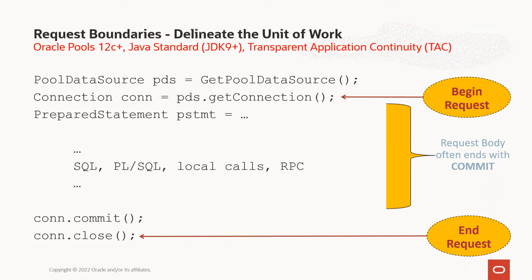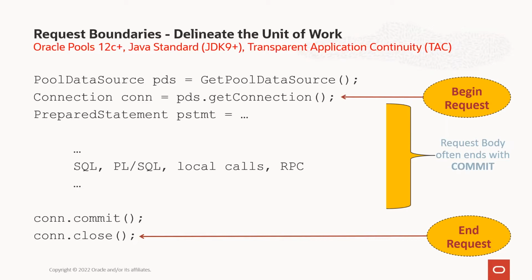Beginning a request, obviously, if you open a cursor, suggests you're going to do some work. So let's begin that request. We'll lay the marker down here. And if you commit or close cursors, that suggests you're ending your request. So again, we inject the boundary accordingly.